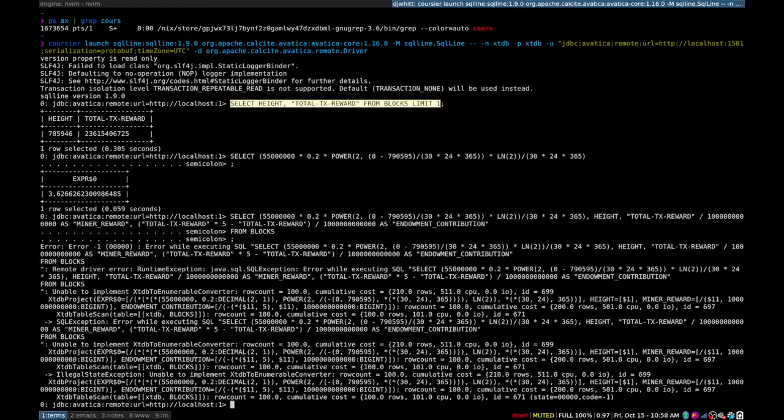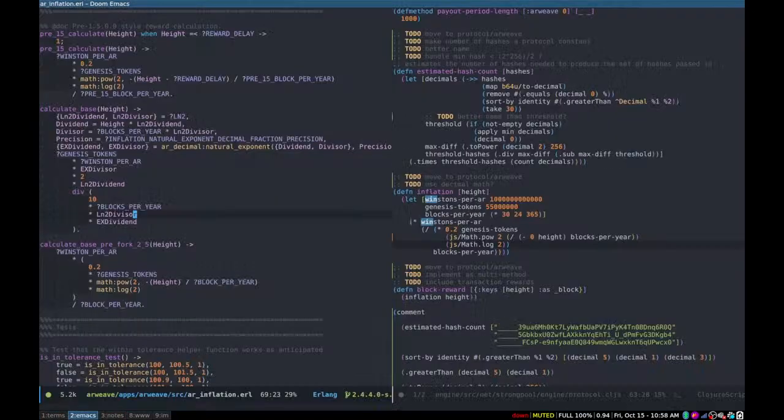This might be an argument overall for just doing more of this in the closure, and I don't even have to store this. I could just compute it in the Datalog query. Unable to implement XTDB to enumerable converter. To enumerable. I find that very puzzling.